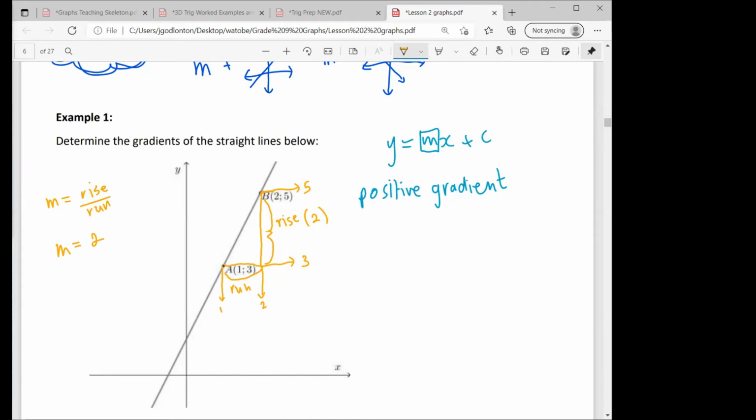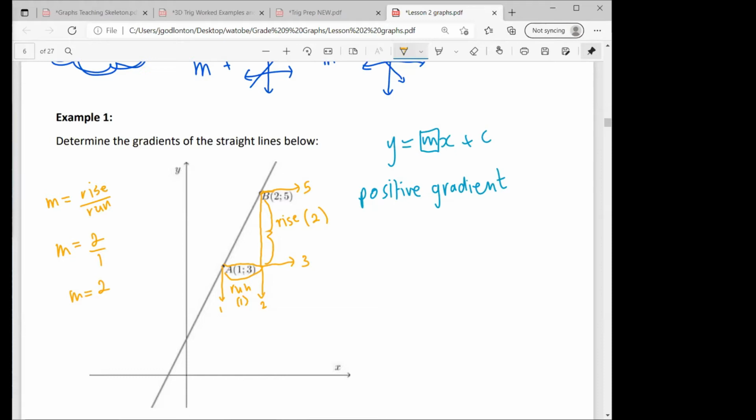Yes. Nice job, guys. So my rise is 2, my run is 1, which means my gradient is 2 over 1, and we're allowed to write it as that, or we could write it as 2. We could write it as either. So that's the first way: if we're looking at a rise over run situation, we would draw ourselves a triangle, see how much we've gone up and then how much we've gone sideways.